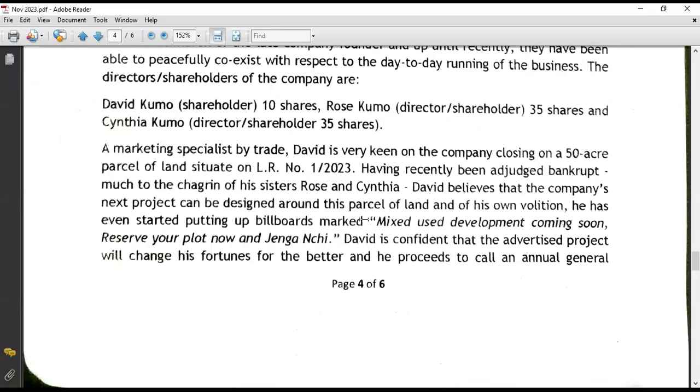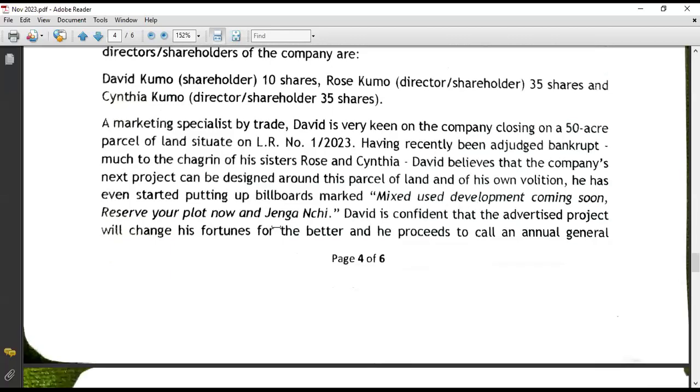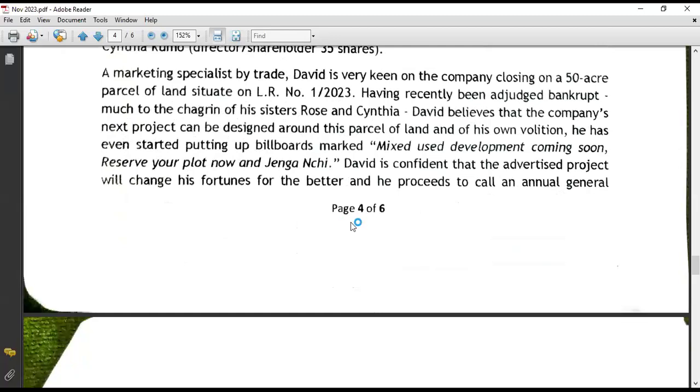A market specialist by trade, David is very keen on the company developing a 50-acre parcel of land situated on LR number 1/2023. Having recently been declared bankrupt, much to the chagrin of his sisters Ruth and Cynthia, David believes that the company's next project can be designed around the parcel of land of his own volition. He even started putting up billboards marked mixed use development coming soon. Reserve your plot now at Jengainchi.